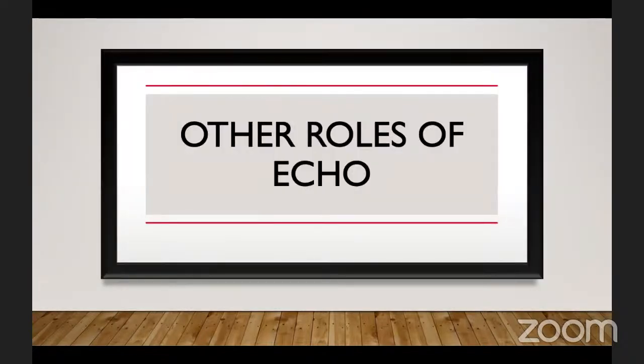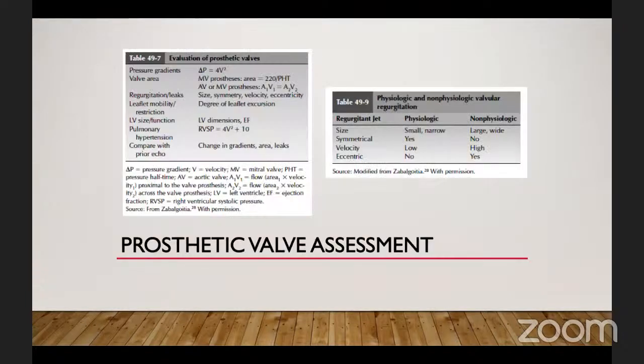Other roles of echo. Of course, echocardiography is very helpful in patients with a prosthetic valve. Post-operatively you assess the pressure gradient and the valve area. An important thing to assess, especially after operation, before closing the patient or before getting out of the OR, is no paravalvular leak.